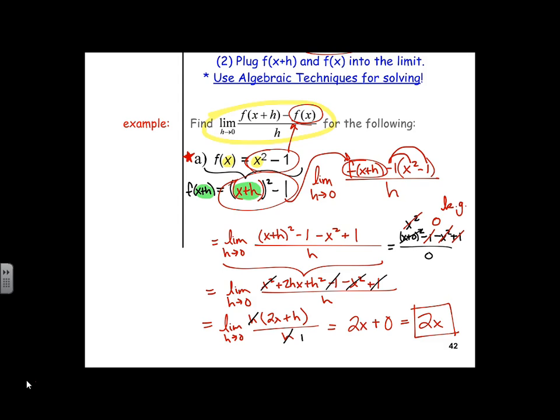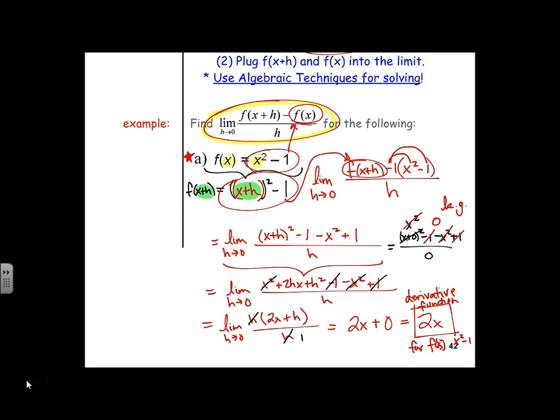What's the limit? This is what we call this limit at the beginning. 2x is what we call the derivative function for f of x equals x squared minus 1.